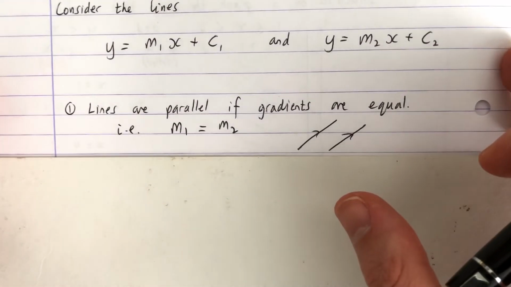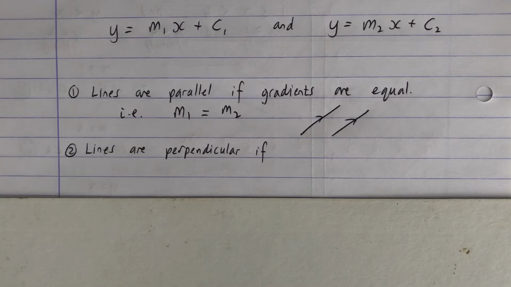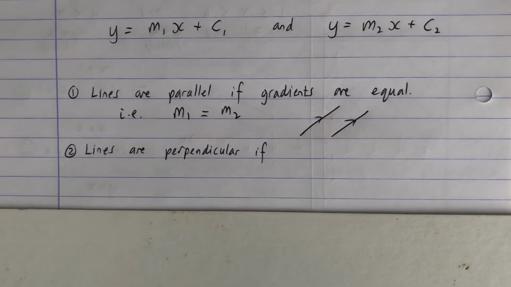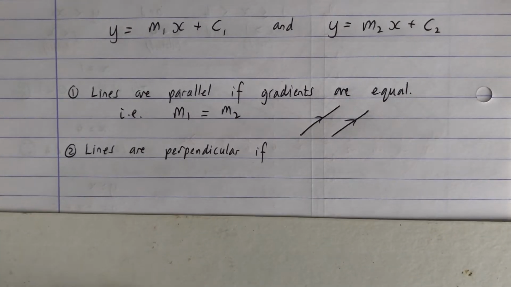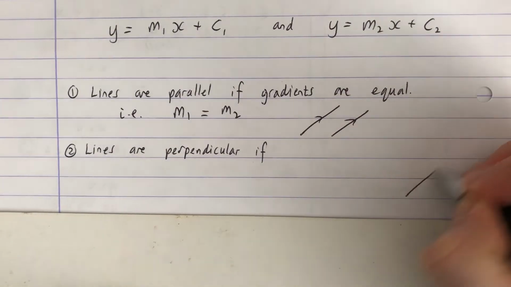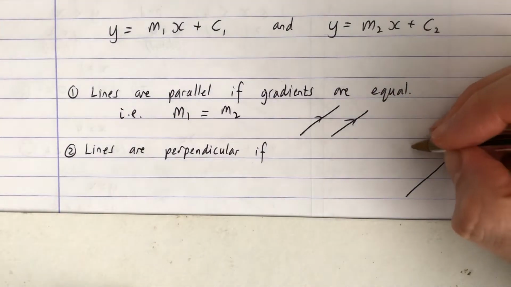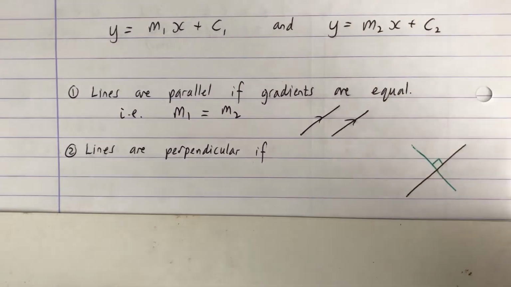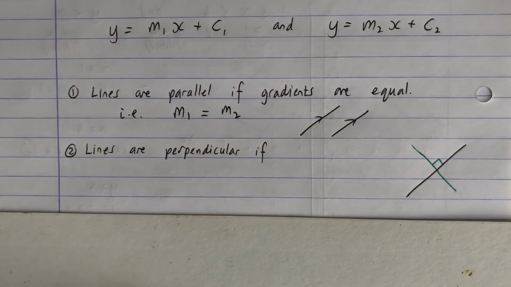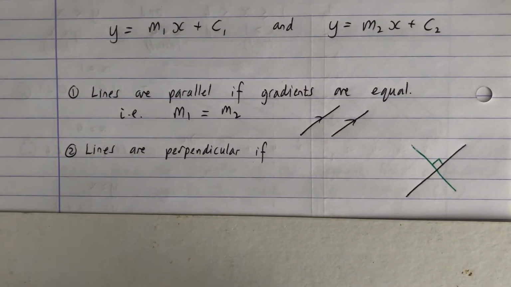But new for today, and a lot harder, is what happens if lines are perpendicular. Okay. So firstly, perpendicular lines look like the following. So if I had a line there, a line which is perpendicular to that would be this one, where there's a right angle. Okay, that is an example of two perpendicular lines. Now, there's not really a fancy word for this apart from just the formula.